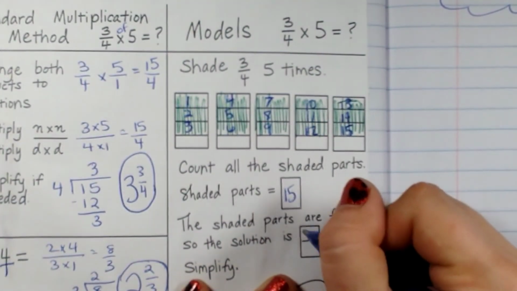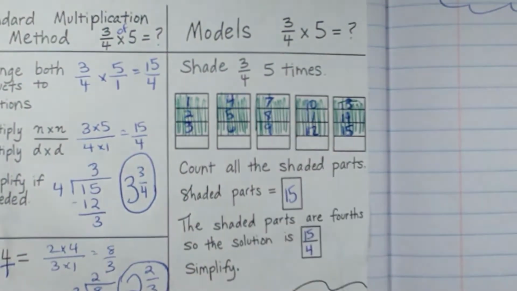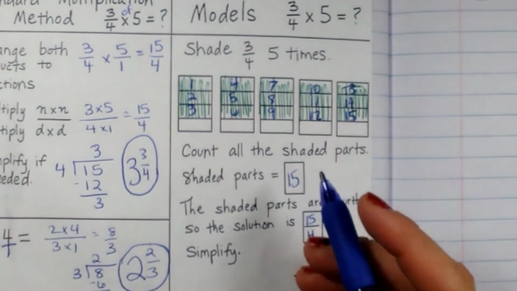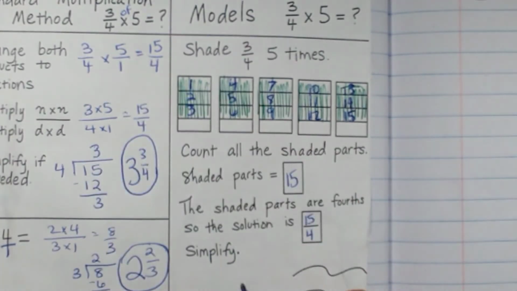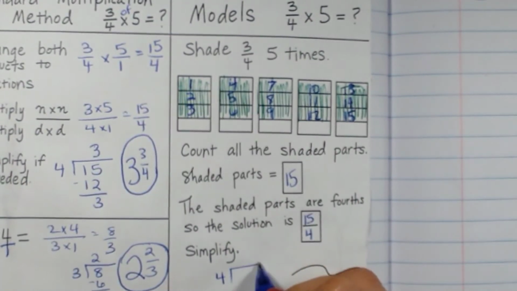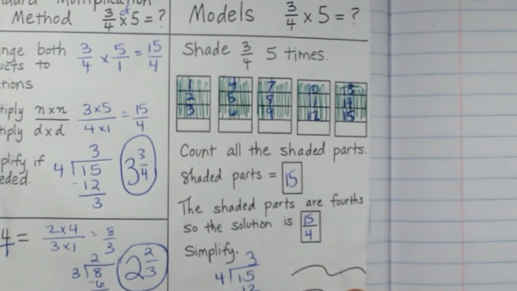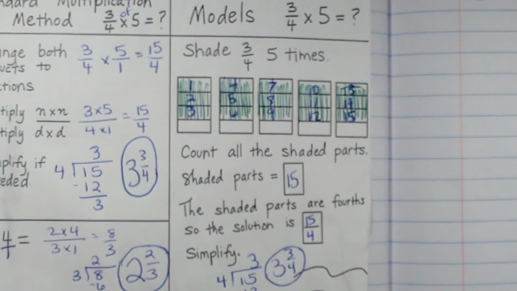So my answer would be 15/4 because I have 15 1/4 pieces. Now I would have to simplify, which I would do the same way: 3 and 3/4.